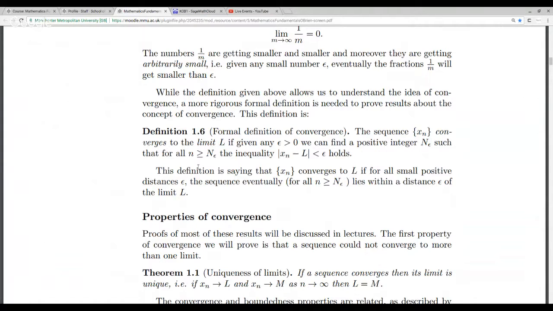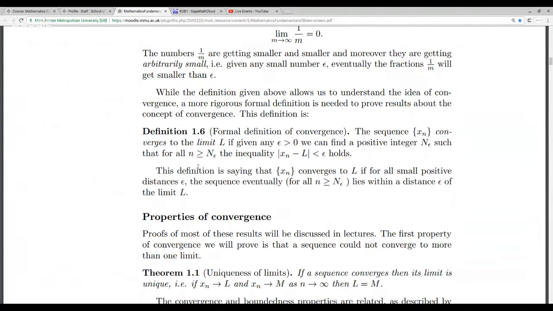What it's saying is, and I'll spell this out with a picture in a moment, epsilon there is a measure of how close the sequence term is to the limit. That's what the epsilon is. The capital N is the point at which, when you look beyond it, every sequence element is as close or closer to the limit as this quantity epsilon.